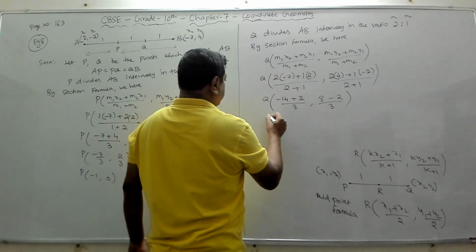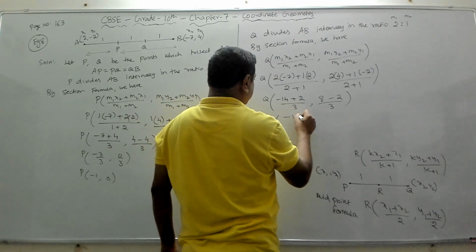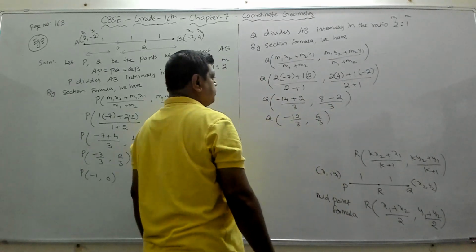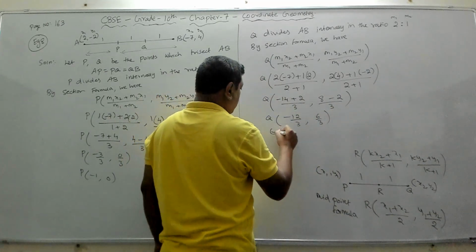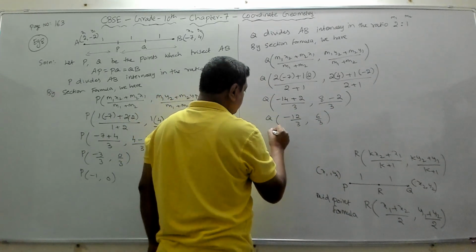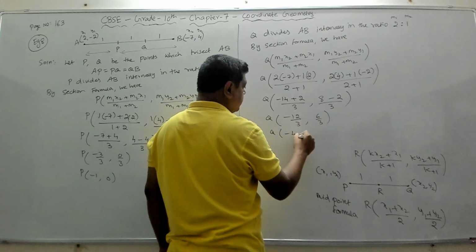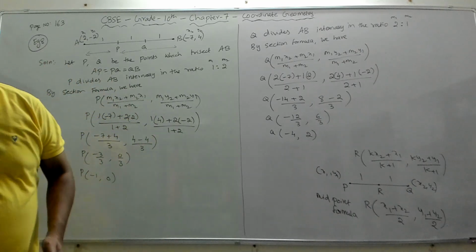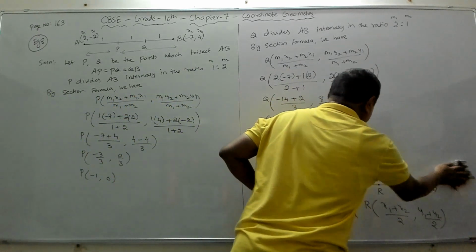So what do we get? We get Q of minus 12 by 3, comma 6 by 3. So this gives you the coordinate Q of minus 4, because 12 by 3 is 4, comma 2. So your point Q is minus 4 comma 2.